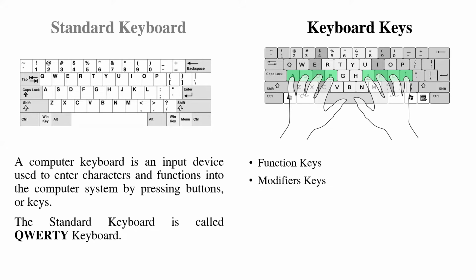Another group is the modifier keys. These are the keys we use to help us in doing something. We have the control key, shift, the Fn key, and alt. These are the four modifier keys, because on their own we cannot use them.